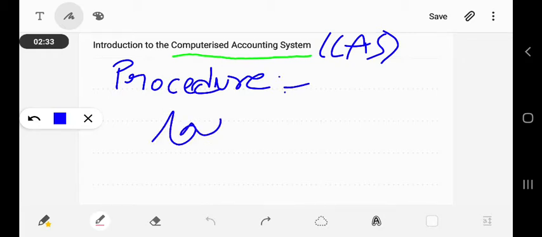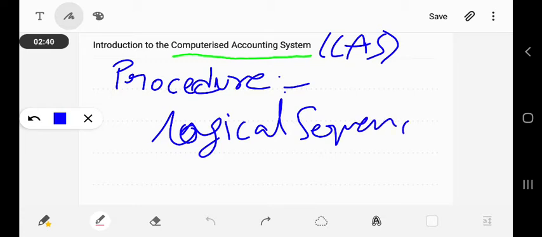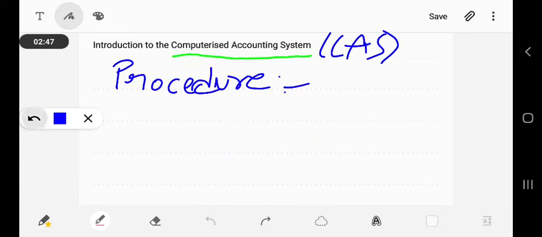And the next thing is data. What is data? The raw facts as input for any business application. The data is the input for any business application.